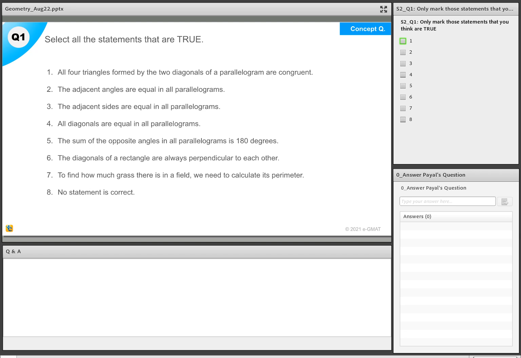Now I want all of you to mark all the statements that are true, which you can see on your screen right now. And these are multiple-choice answers, so you can put in multiple answers, right? So if you feel number 1 is right, tick on number 1. If you feel number 2 is correct, tick on number 2, and so on.